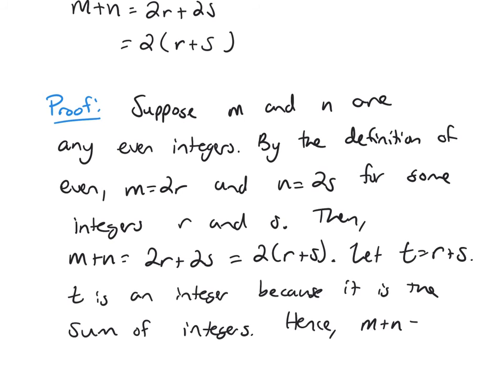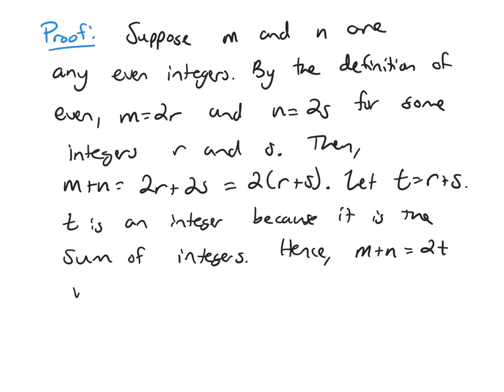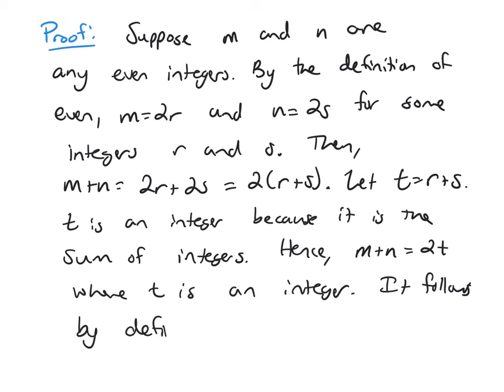We have m plus n equals 2 times t, where t is an integer, and that's exactly what it means to be even. So it follows, by definition of even, that m plus n is even.